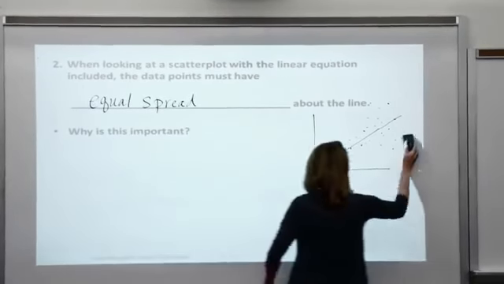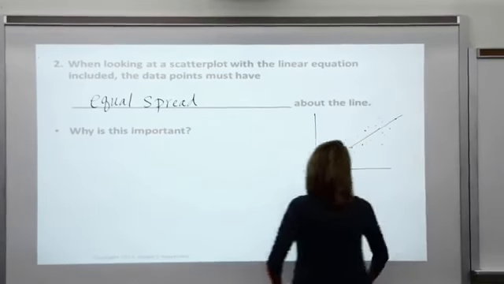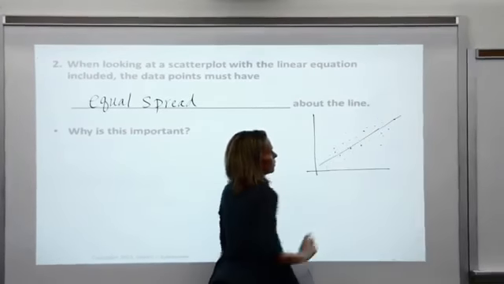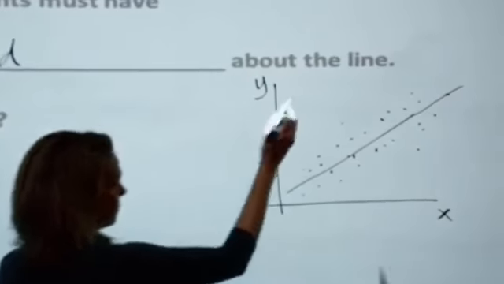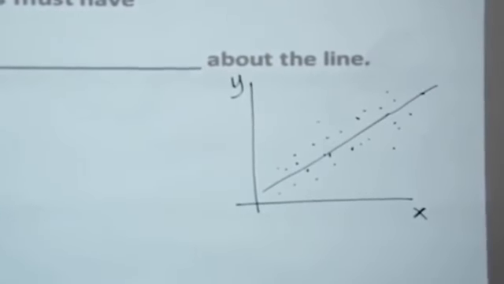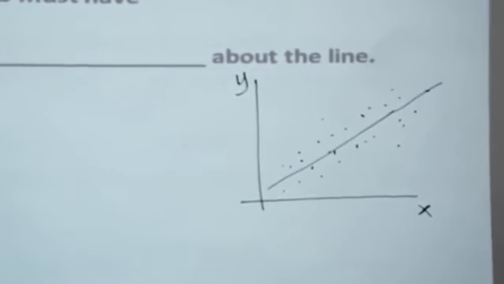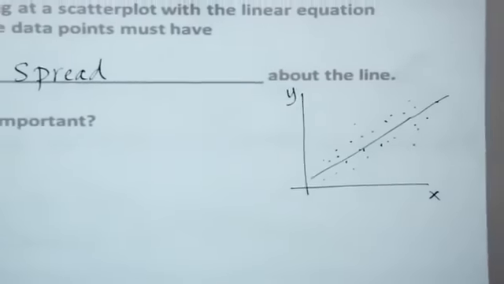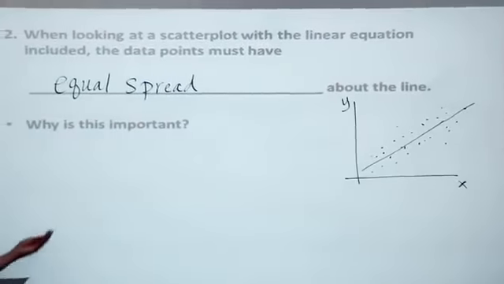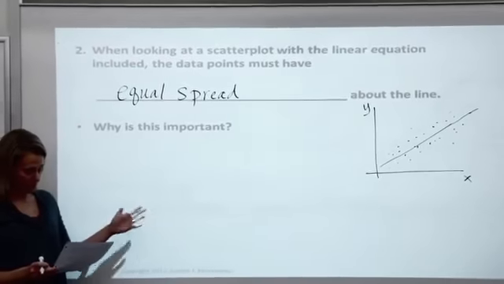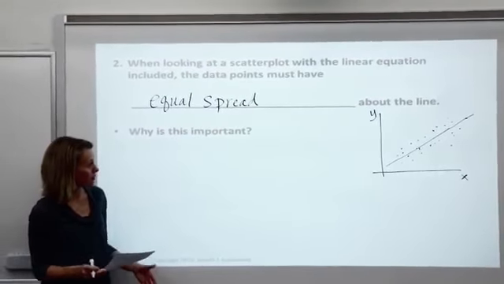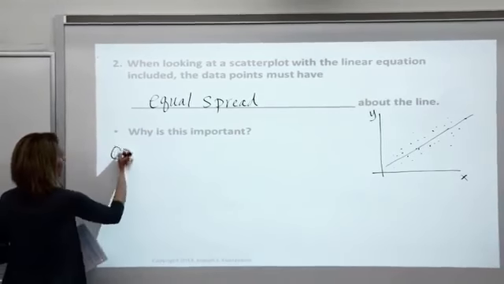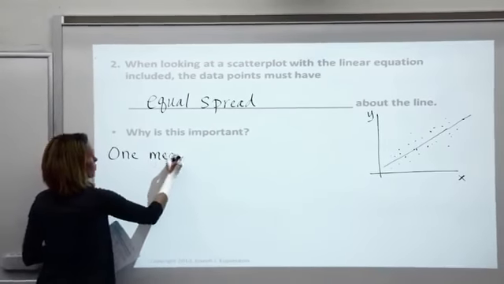The better picture was when the spread of those points with regard to the regression line was roughly the same. So one measure that we'll begin to look at is the standard deviation of the points about the line.